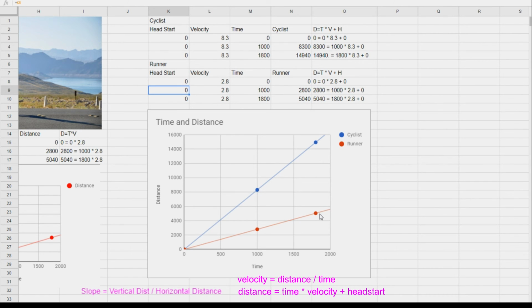There's only one line that matches that pair of values, that is where it starts and what the slope is. And given those two, you know what the value on that line is at any point. So that's why we talk about the slope and the y-intercept when we're working with anything that can be charted as a line.